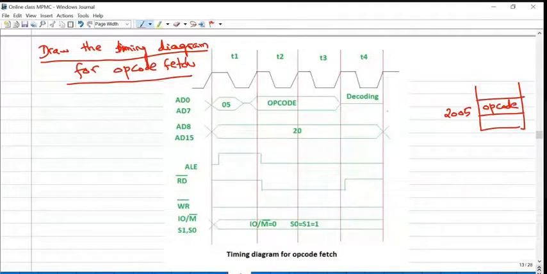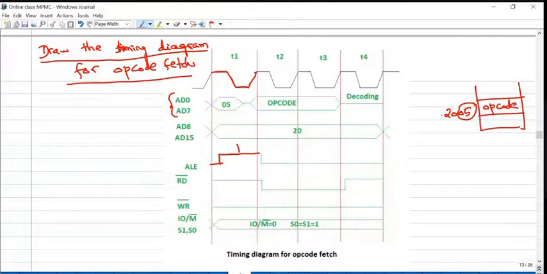So how does the processor fetch this opcode, and what are the steps involved in this operation? We need to explain with the help of the clock pulse. During the first clock pulse, the address latch enable equals high. At that time, the AD0 to AD7 pins are used to represent the lower order 8 bits of the address.